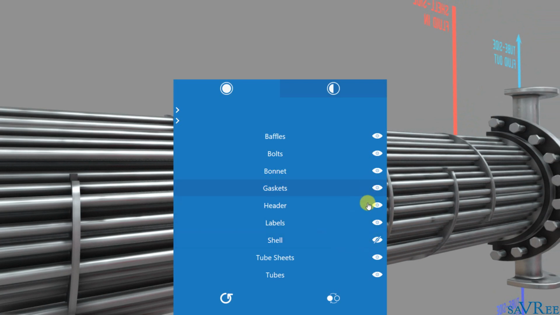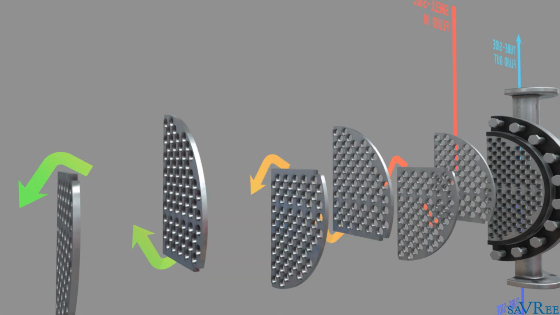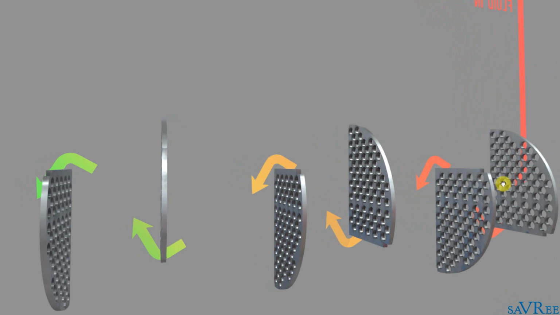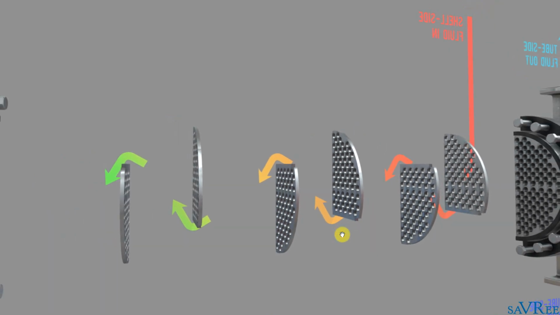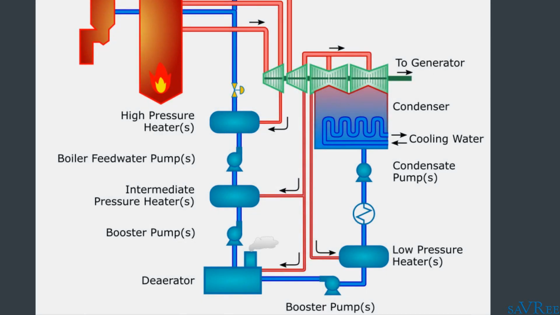You can even take the tubes away as well. And these baffles are going to direct the steam as it flows across the tubes. The steam itself is going to be taken from our high pressure, intermediate pressure or low pressure steam turbines.